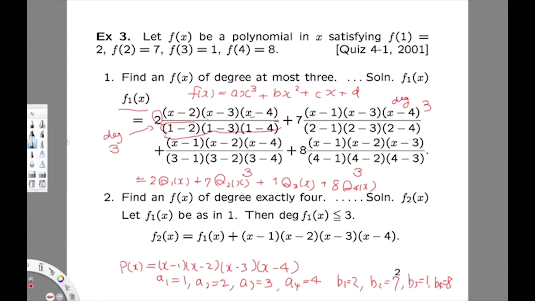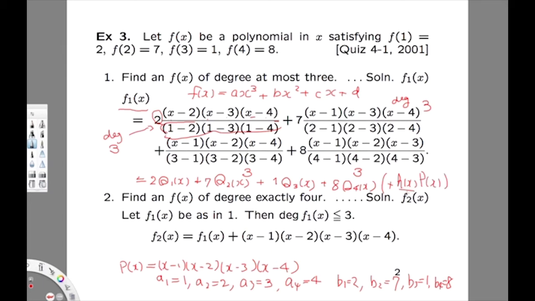But if you look at the proposition, U4.2, I believe, then the general form of the solution of number 1 is this polynomial plus h of x times p of x.